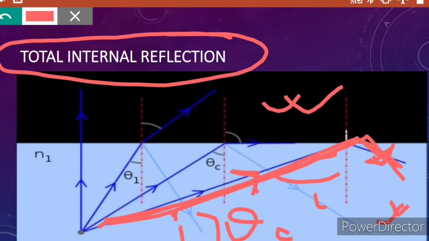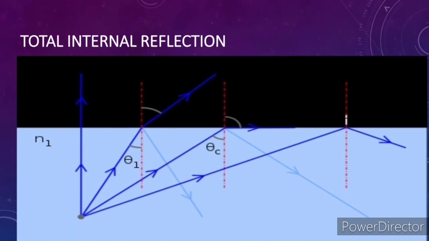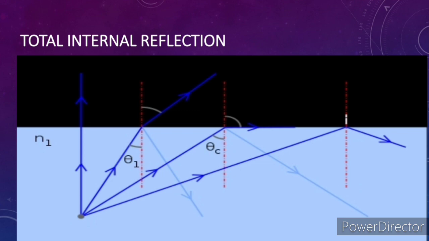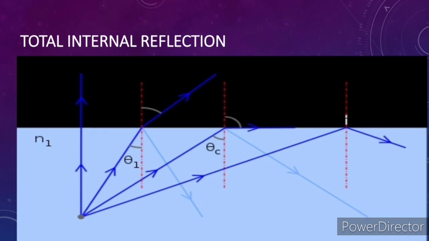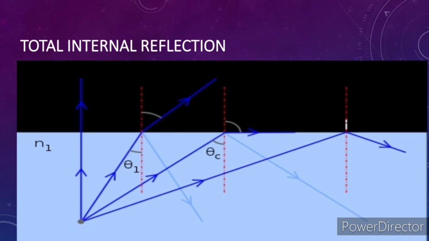Again I am revising it for you. What is happening here? I am increasing the angle of incidence and the angle of refraction is also increasing. I am increasing it at regular intervals. And what happened after some time? It attained the critical angle at which the angle of refraction becomes 90 degrees. What happens if we further increase beyond the critical angle?